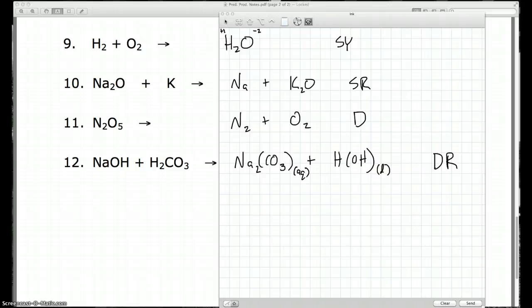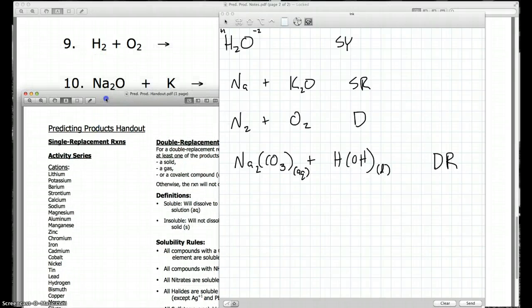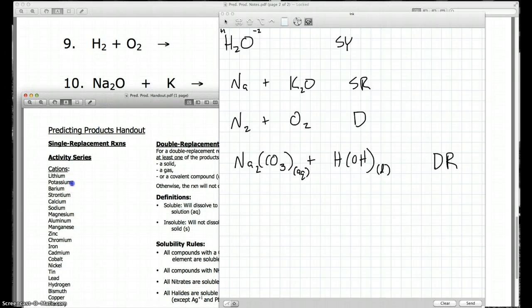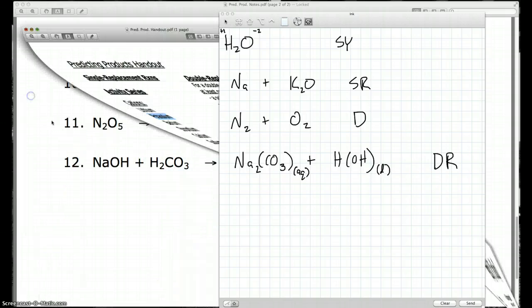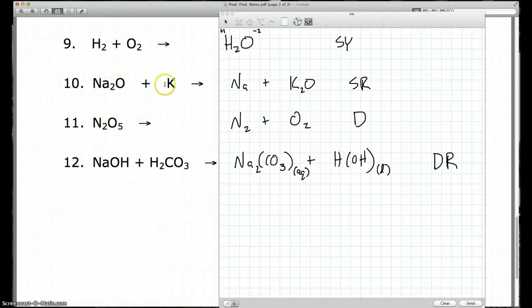And let's look at my list here, and I found potassium here, and I found sodium here, so potassium is cooler. So when potassium comes along, oxygen's like, oh, I want to dance with potassium. He or she is so much cooler than you, sodium, so get out of here. So sodium is all alone, and potassium and oxygen are dancing now.